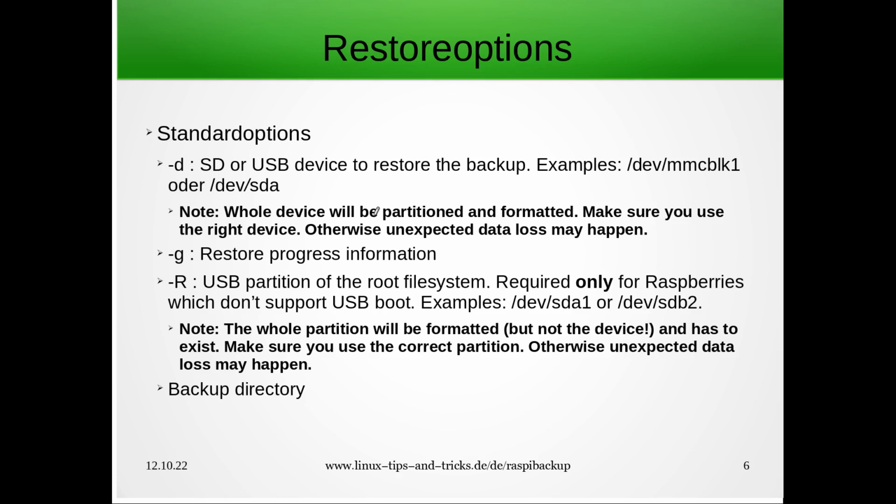Again, this partition will be formatted, so make sure that you choose the right partition. In addition, this partition also has to be allocated already and has to exist. And last but not least, you have to pass the backup directory which has to be restored.